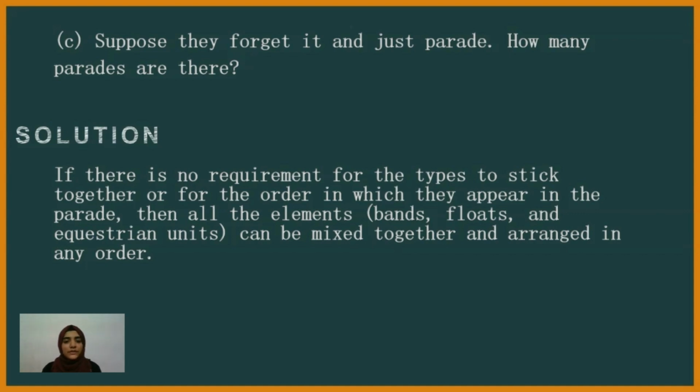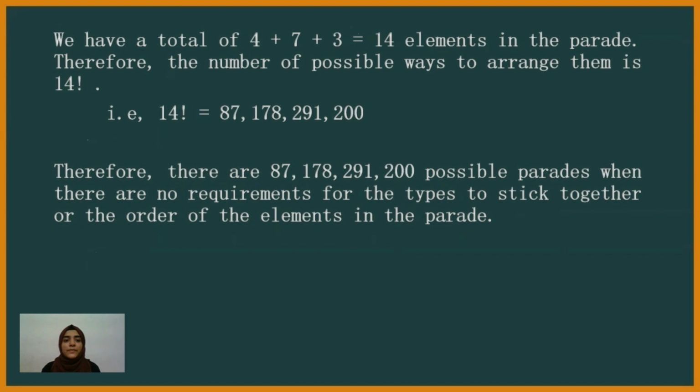So, if there is no requirement for the types to stick together or for the order in which they appear in the parade, then all the elements can be mixed together and arranged in any order. So we have a total of 4 plus 7 plus 3, which means 4 bands and 7 floats and 3 equestrian units.